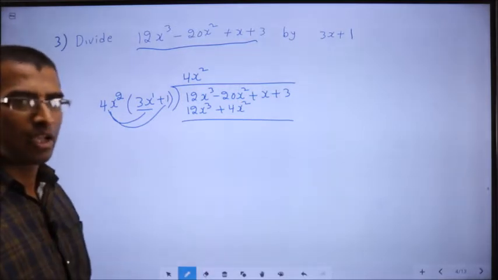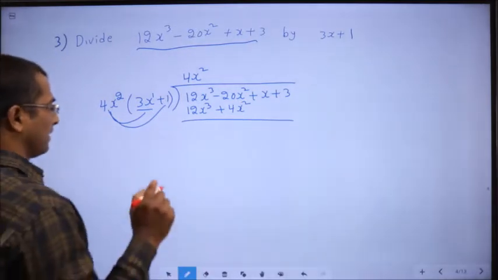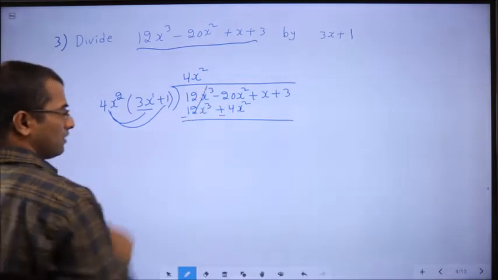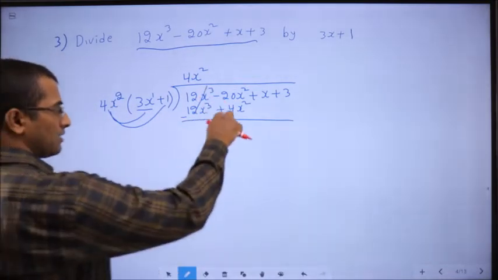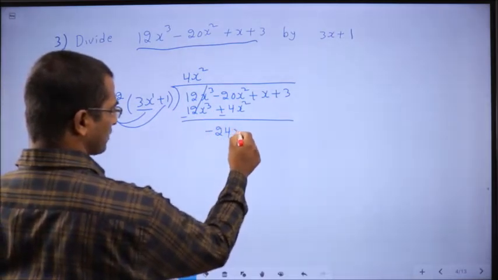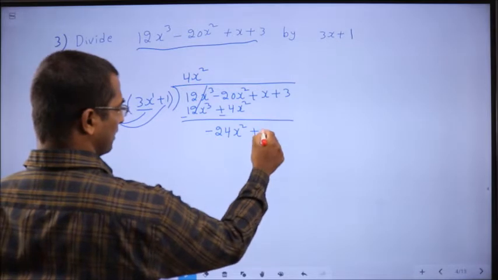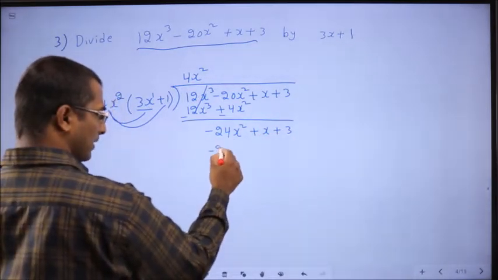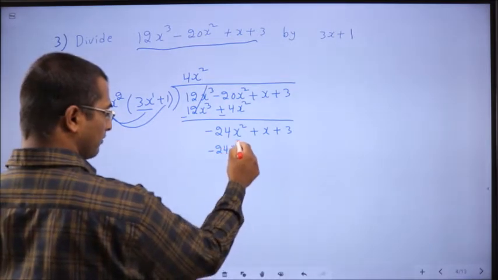Next, change the sign. So here minus, this cancel out. Now minus 20x square minus 4x square will be minus 24x square. Bring this down. Now here minus 24x square, below this also I should get minus 24x square only.